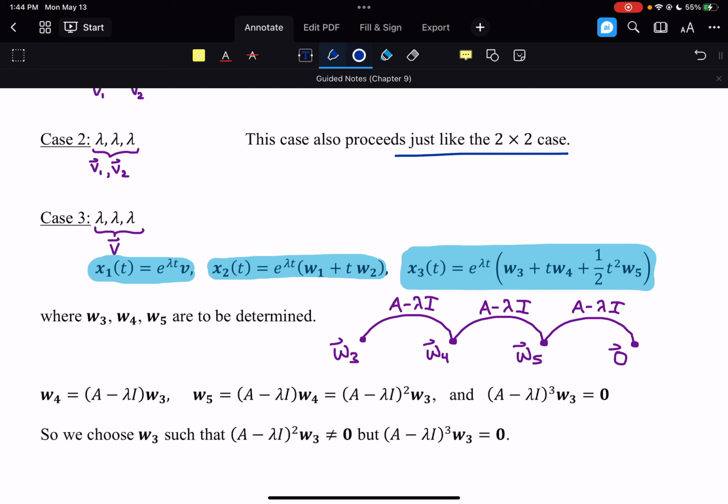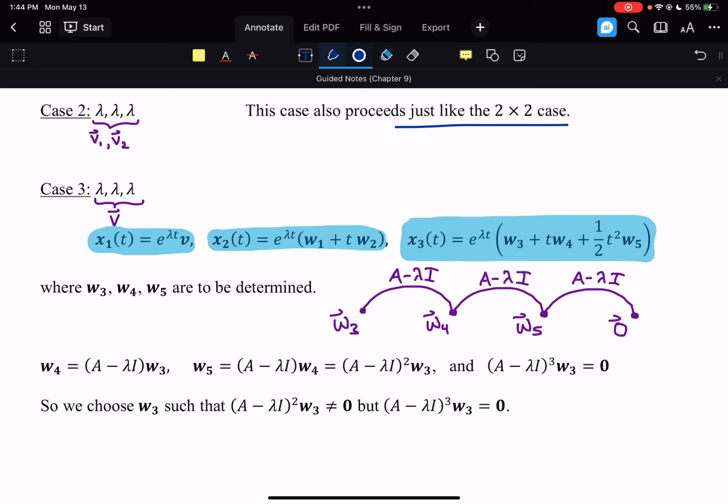So the relationship with w3, w4, and w5 is very similar to the case with w1 and w2. So w4 is A minus lambda I times w3. Okay, so w3 times A minus lambda I gives us w4. w5 is A minus lambda I times w4. So we go one step further there. In other words, it's A minus lambda I squared times w3. Okay, so 2 steps from w3 to w5. And A minus lambda I cubed times w3 is the 0 vector.